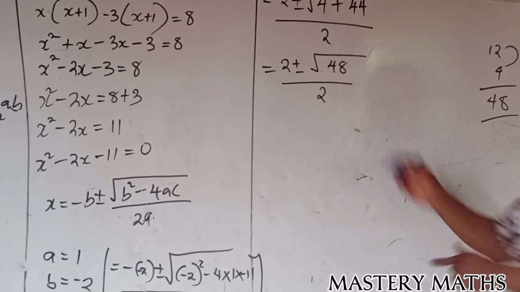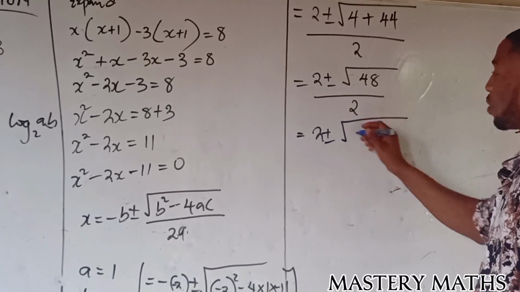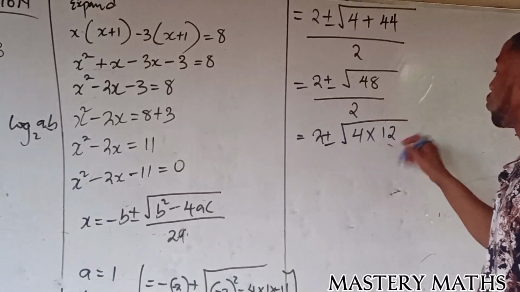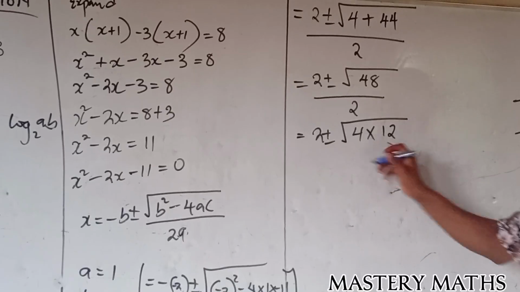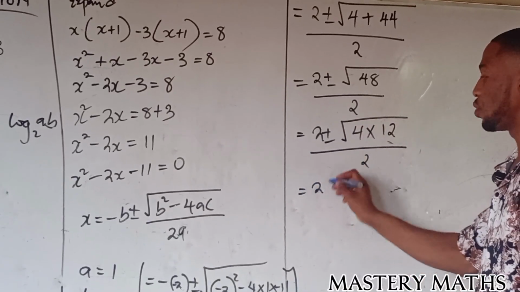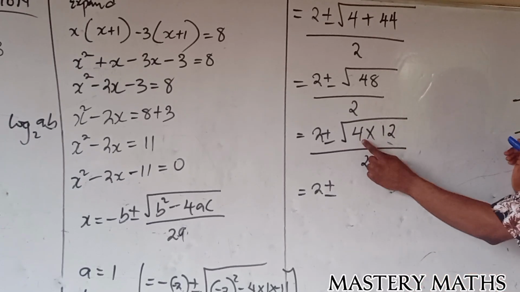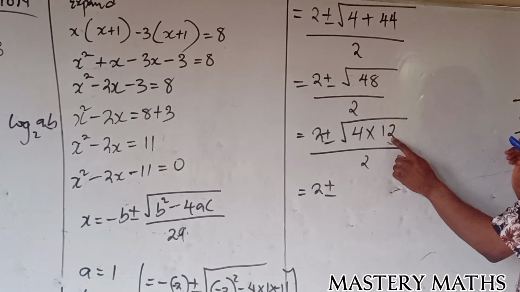Now, to do that, it will be equal to 2 plus or minus the square root of 4 times 12, then all over 2. Now we're going to separate this. This is root 4 and root 12.